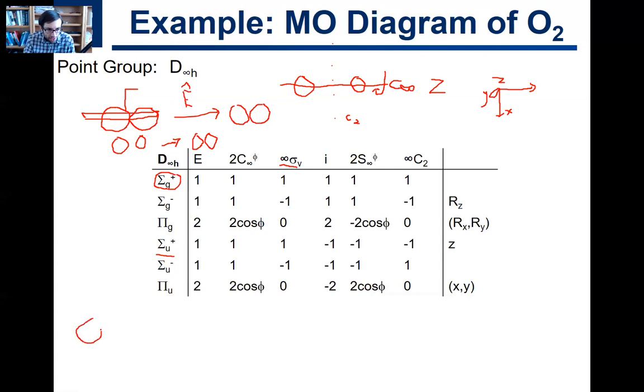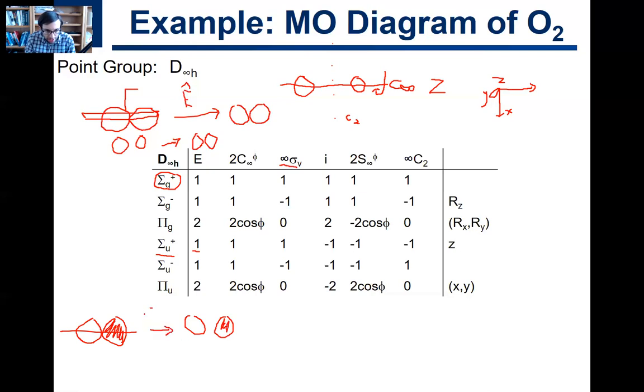That molecular orbital looked like this, where we had one lobe that was shaded and one that was unshaded. So if we do identity on that, obviously we're going to get a 1. If we do a C infinity on that, what's going to happen? Well, we're rotating those lobes like this. That's just going to get back those same sort of lobes, right?